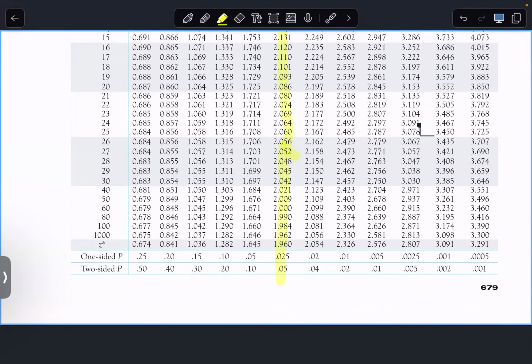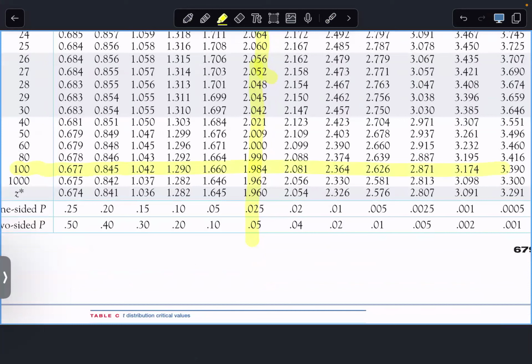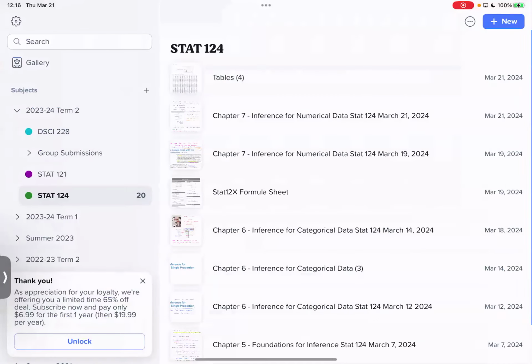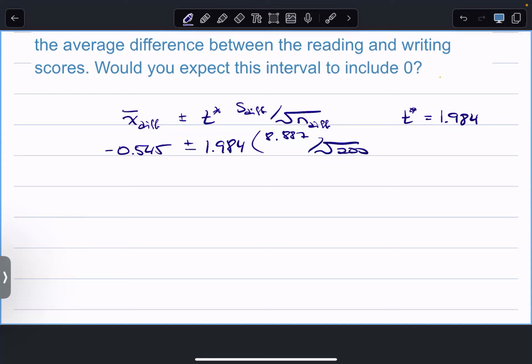And we already worked out the degrees of freedom that we're going to use is 100. So then our T star is 1.984. T star is 1.984 times 8.887 divided by the square root of 200.